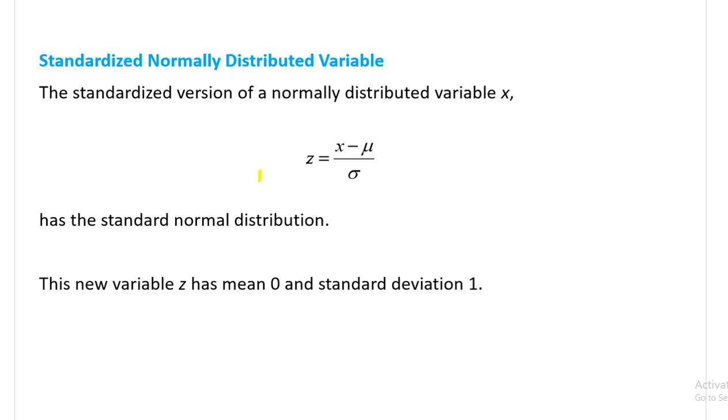The standardized version of a normally distributed random variable x is z equals x minus mu divided by sigma. Now if you recall the properties which I studied in the lecture on discrete random variables, we used a property that if you have a linear combination of x, then the expected value becomes the same linear combination of the expected value of x.